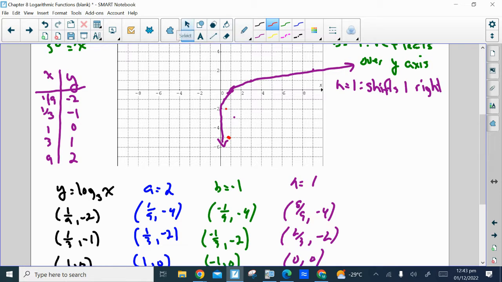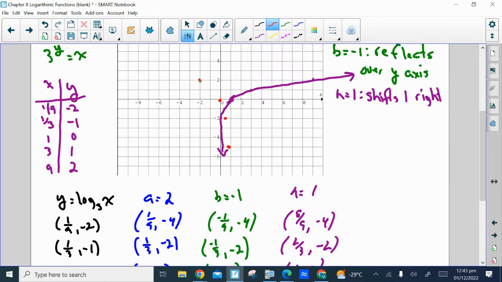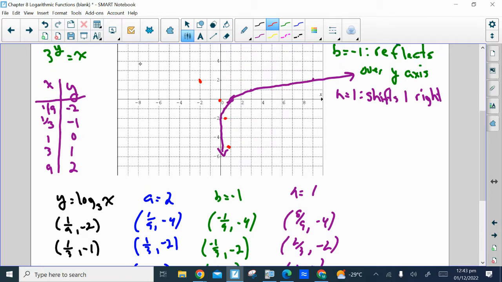I drew it just higher than 1. Oh no, it's over here. We're good. So 2/3, comma, negative 2, 0, comma, 0, negative 2, comma, 2, and negative 8, comma, 4.